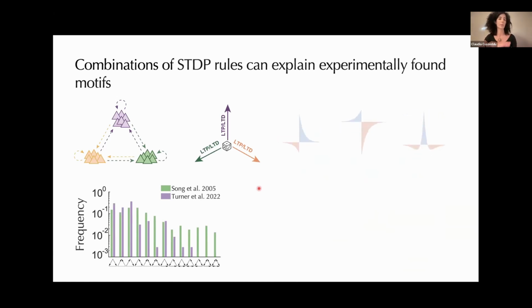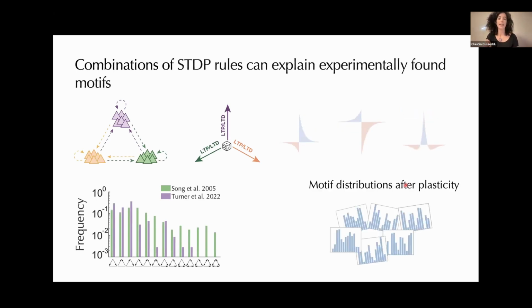So the 3 rules can be all Hebbian, all anti-Hebbian, or all symmetric, or also any mix of those. But also for each rule, we varied again the two quantities, the ratio between LTP and LTD as shown here, but also the ratio between the time constants. And then we just performed many simulations combining different kernels.